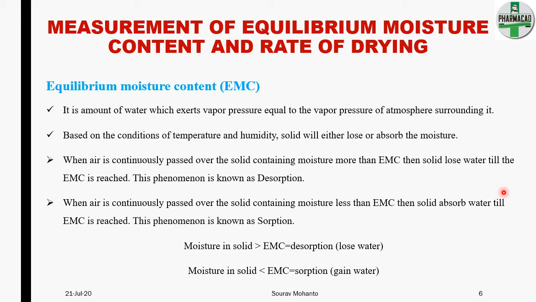Based on the conditions of temperature and humidity, the solid can absorb moisture and the solid can lose moisture. When air is continuously passed over a solid containing moisture more than the EMC, or equilibrium moisture content, the solid will lose water till the EMC is reached.